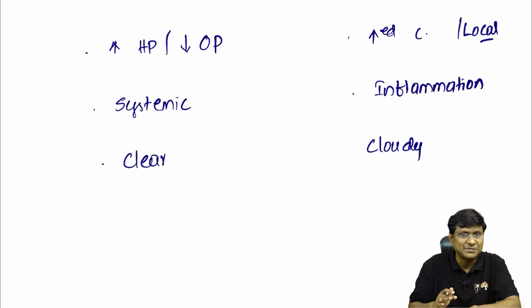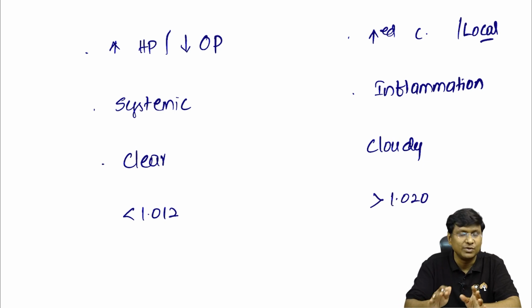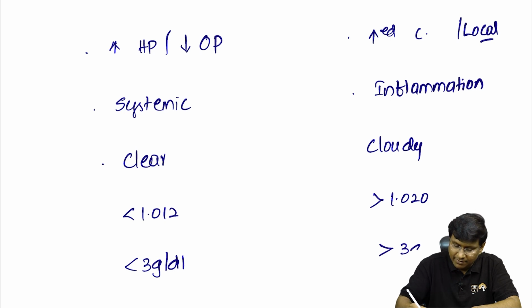And if you take the specific gravity, in transudative it is less than 1.012, whereas in exudative it is more than 1.020. If you take the protein content, it is less than 3 grams per deciliter, whereas in exudative the protein content will be more than 3 grams per deciliter.